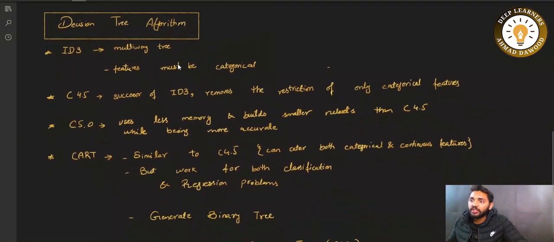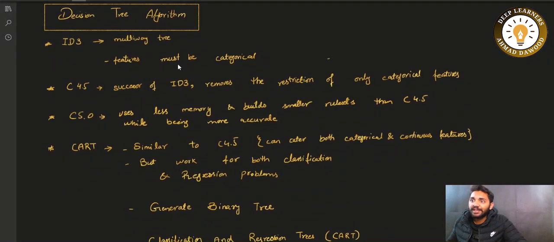There are multiple decision tree algorithms like ID3, C4.5, C5.0, and the CART algorithm. Like the ID3 algorithm, this algorithm can build a multi-way tree, meaning it can split your points into multiple branches.